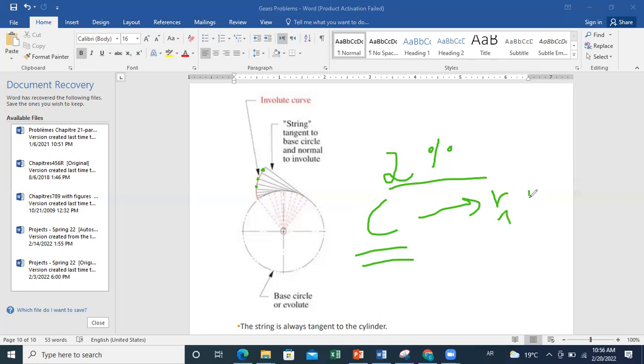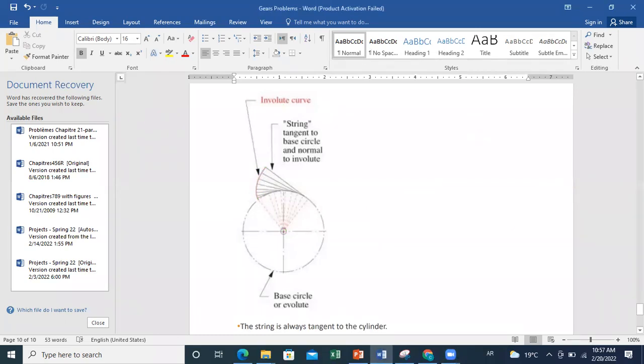So what will change is the pitch radii, not the base radii. The base radius for each of our pinion and gear will remain the same because they are imposed by the geometry of the involute, which will not change for the two gears. But what will change is the separation distance between the two gear centers, which will lead to a different contact point and therefore a different contact angle, so a different pressure angle.